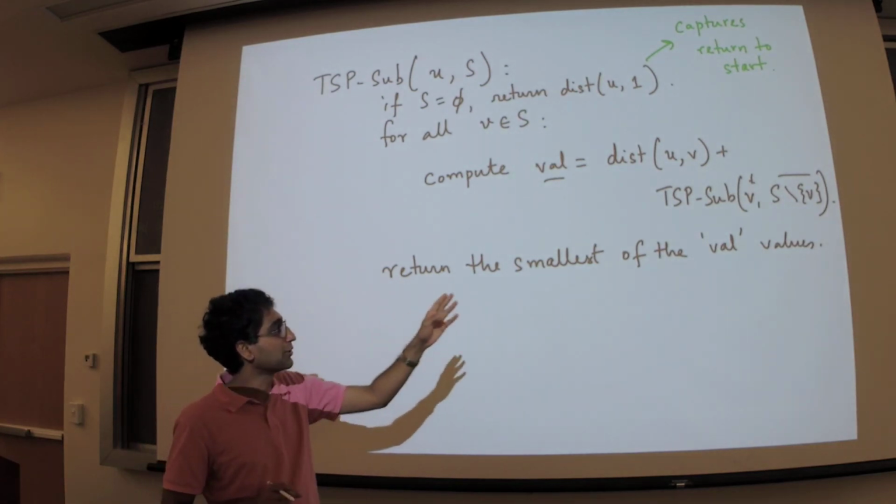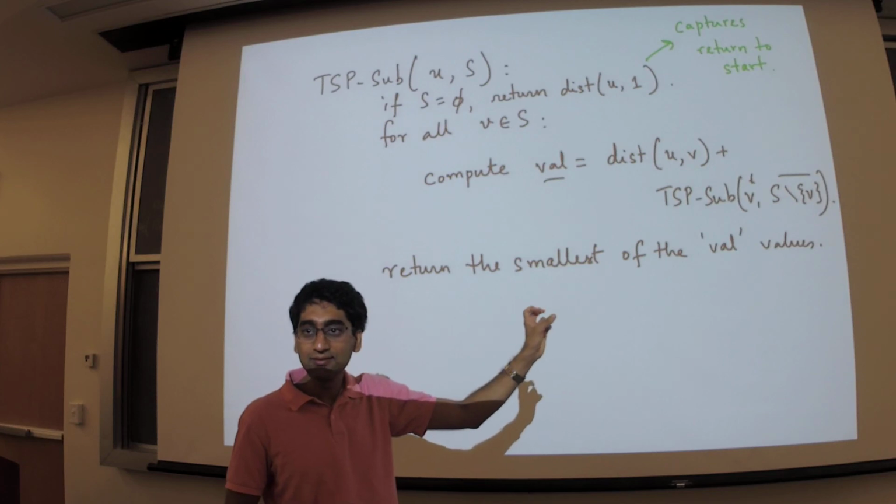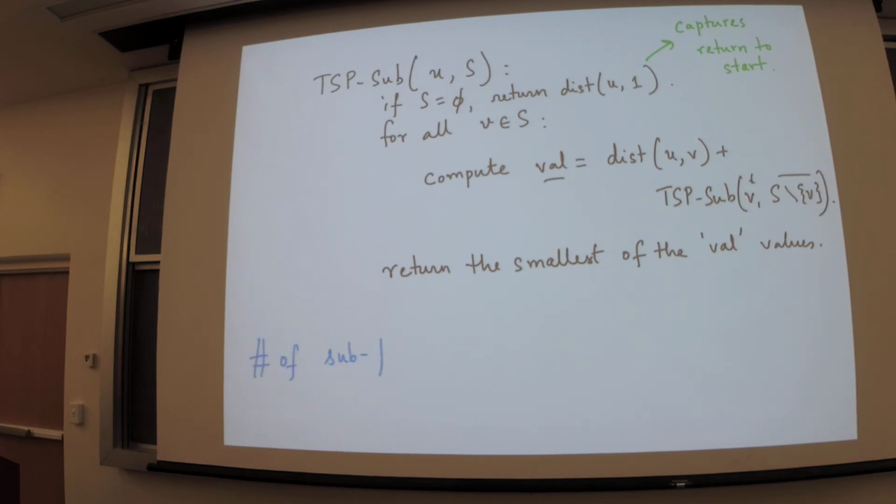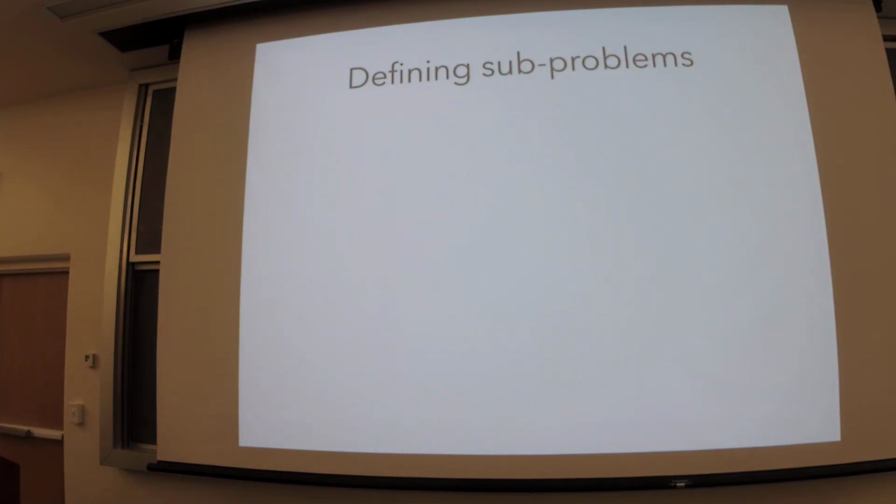So each subproblem is now defined by a vertex and a set. Okay. So how many subproblems are there? Those who said yes, the subproblem is defined by U and S, right?